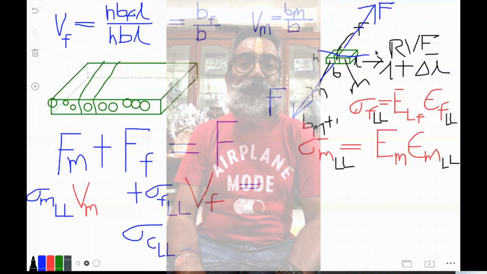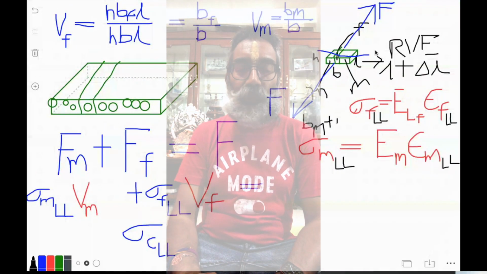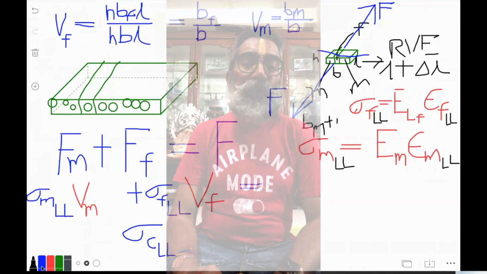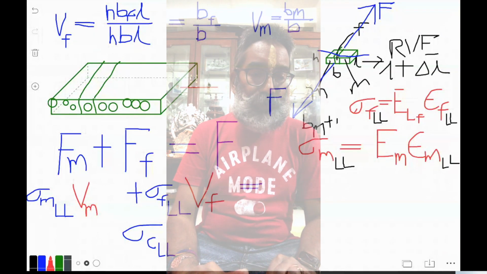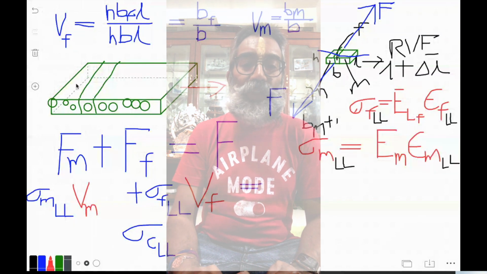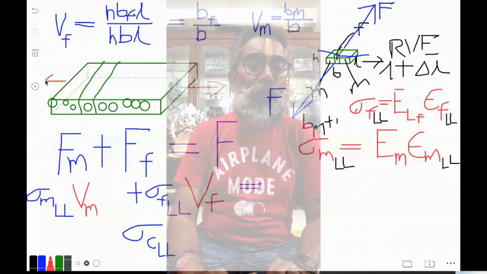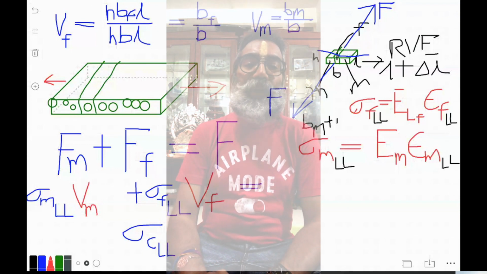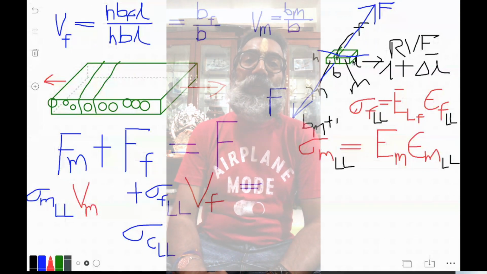Now determining that is somewhat similar to this, but just there's going to be an interchange in terms of what forces and displacement behavior is going to be, because now we are going to apply a force which is in this direction, which is the transverse direction, and now that force is not going to be divided between these two materials if you're going to take a representative volume element like this, because now they're like in series.